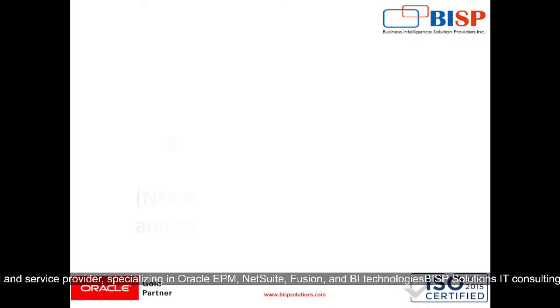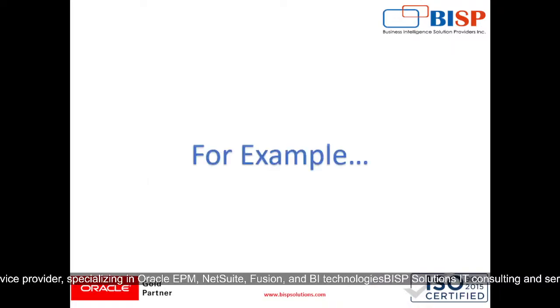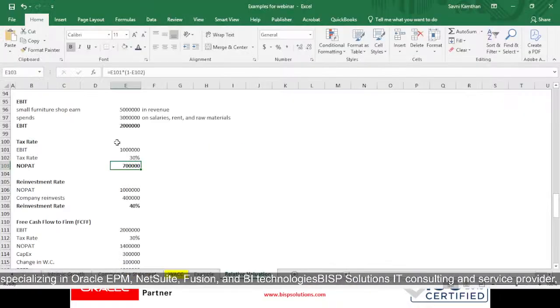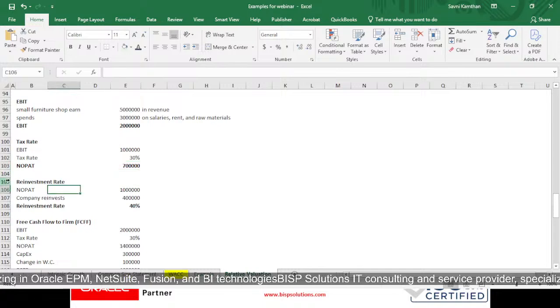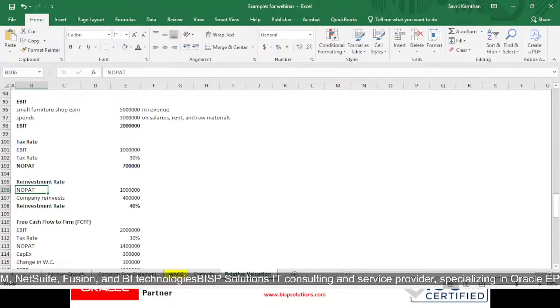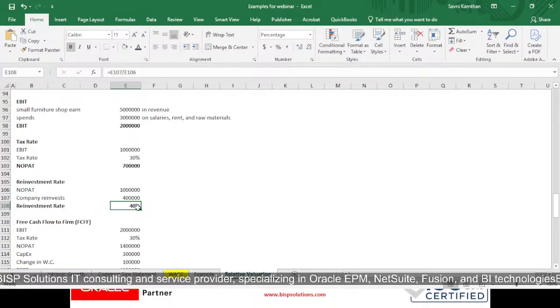So for understanding it clearly, take a reinvestment rate where NOPAT is around 10 lakh and the company reinvests 4 lakh rupees. So the reinvestment rate will be 40%. How to calculate that? We divide our net investment by our NOPAT, and from that we get 40%.